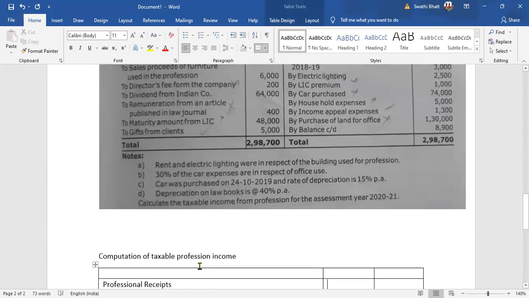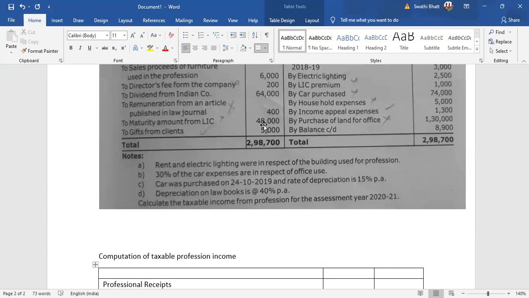The next item that we have in our question is electric lighting. So here they have given rent and electric lighting in respect of a building used for profession. If it was used for personal purpose, you don't consider them. If, let's say, only 50% was used for profession and 50% for personal, only the 50% which is used for profession you can show as expense and deduct.